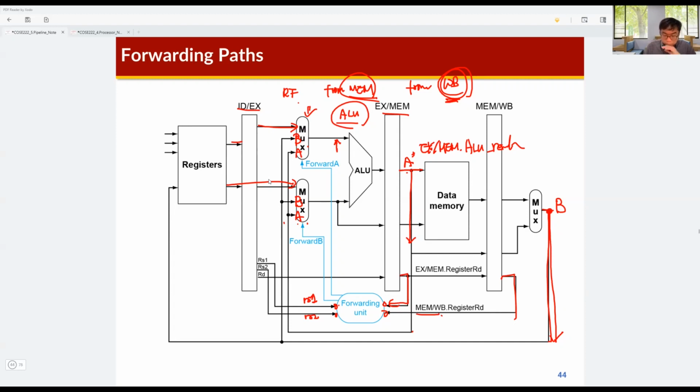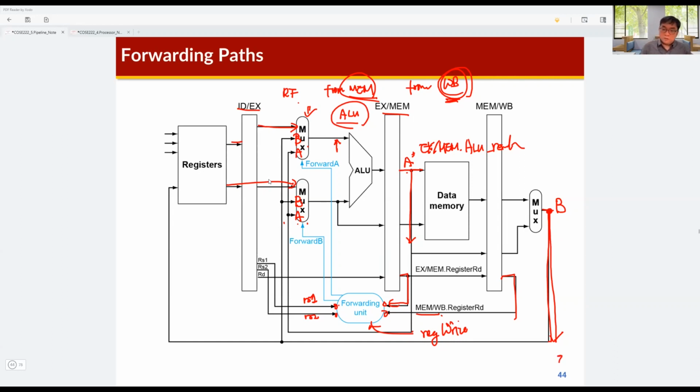So this forwarding unit receives these signals. So what is missing? Mem write. Oh, no, reg write. The forwarding unit also needs to receive reg write signals from the pipeline registers. Okay.